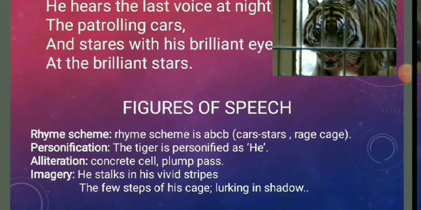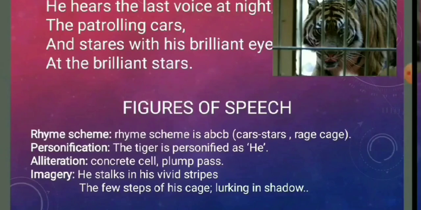He hears the last voice at night, the patrolling cars, and stares with his brilliant eye at the brilliant stars. In this stanza, the poet says that in the night, the tiger hears the sound of the patrolling cars. These patrolling cars are the vehicles of the police, who are used to guard at night. At night, the tiger hears the sound of these cars.